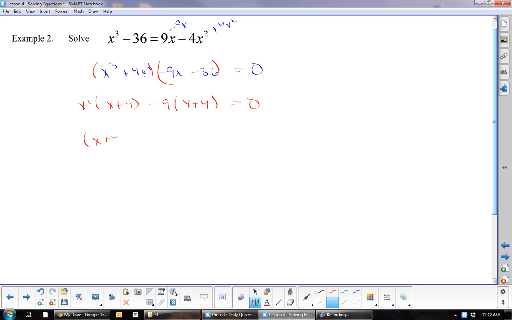I'll take that out, leaving me with x squared minus 9. And then that's screaming difference of squares. So that would be x plus 4 times x plus 3 times x minus 3 equals 0. Okay, so x equals plus or minus 3 and 4.